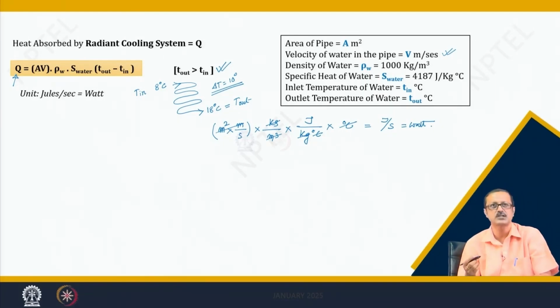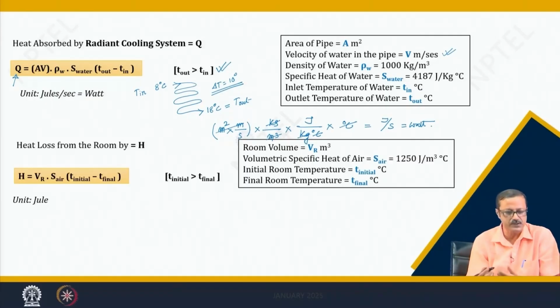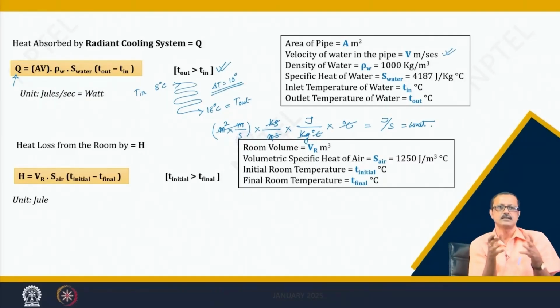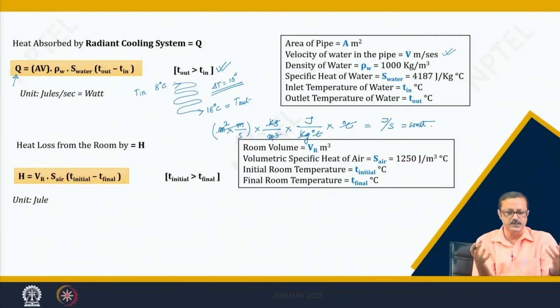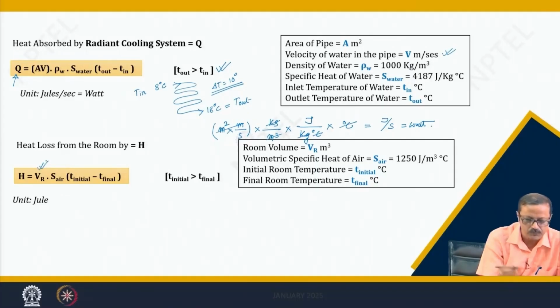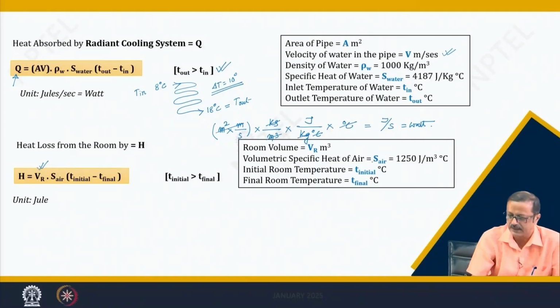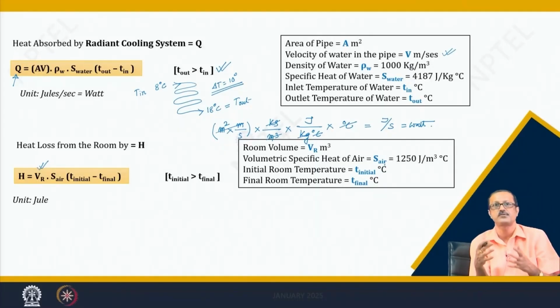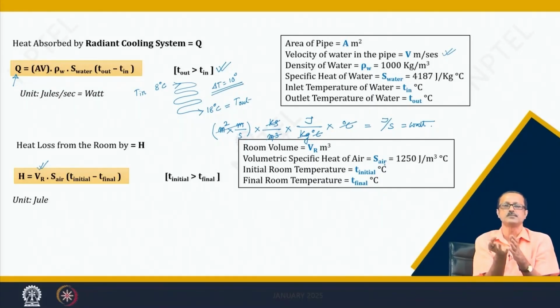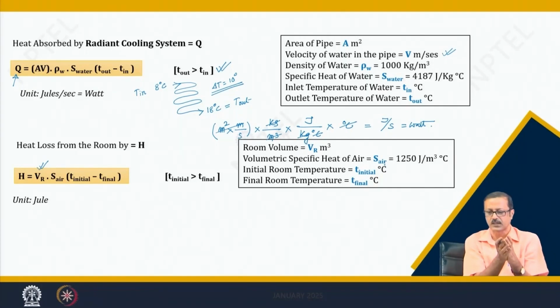But the next one, how should I compute H? What is H? H is the heat lost by the air inside a particular space. So, how much is the volume of the room? VR is the volume of the room. And what is S air? S air is the volumetric specific heat of the air. That is, how many joules are required to increase the temperature of 1 meter cube of air by 1 degree.